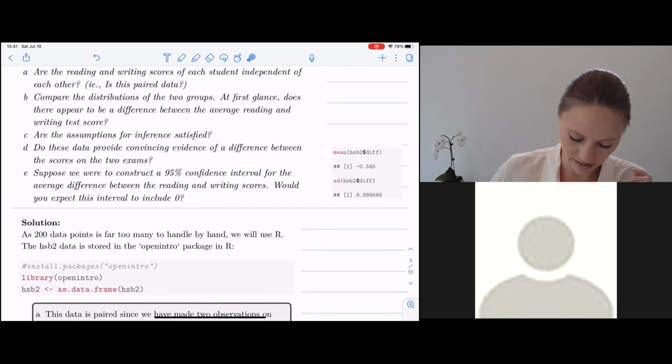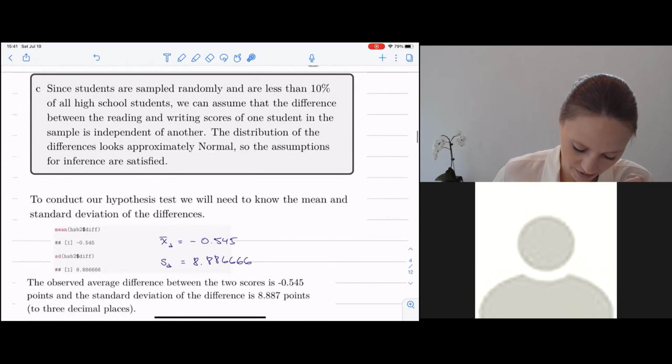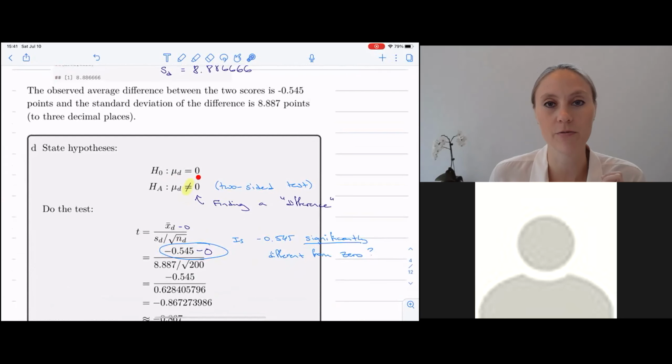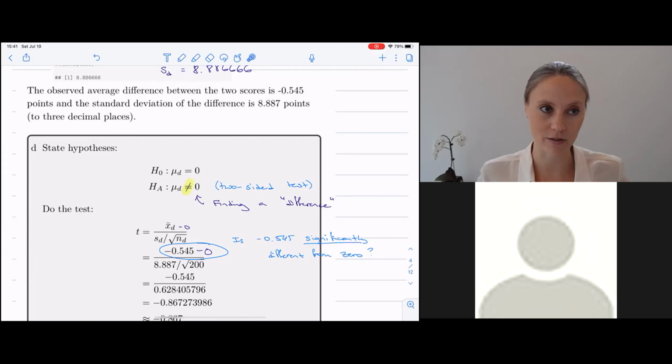So really what we're saying is that we fail to reject that the mean of the differences is 0, right? Or at least not significantly different from 0. Now, in terms of our confidence interval, that means that 0 is likely in the interval. It is going to be in the interval because we used an alpha level of 0.05.